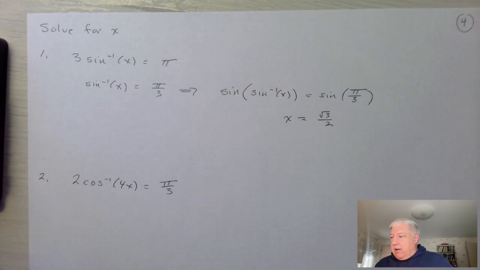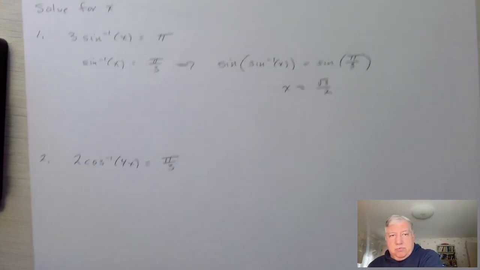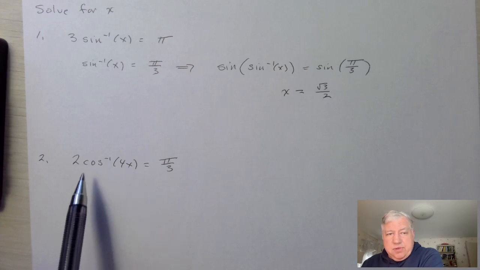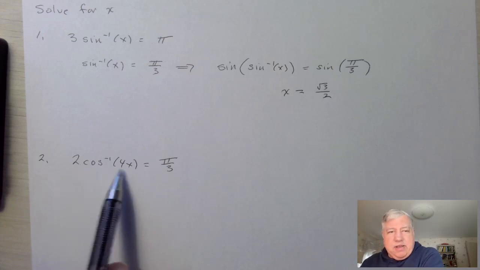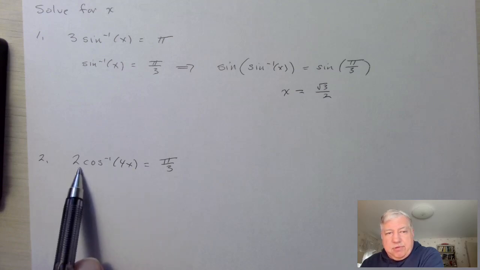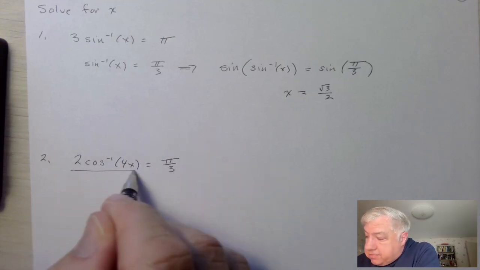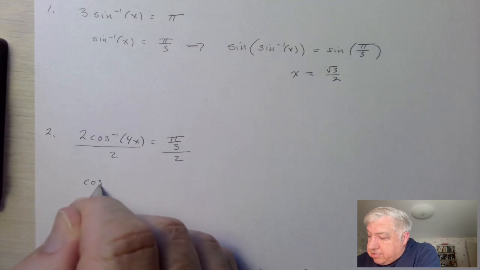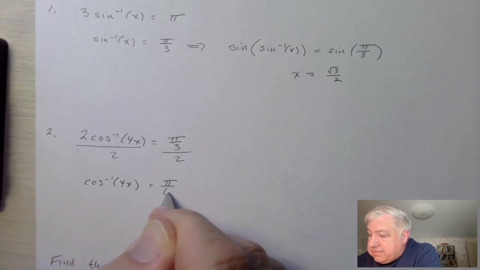All right. Let's do a slightly more interesting example where we have 2 times the inverse cosine of 4x. Because the 4 is inside here, we want to just leave that here. We want to get rid of this 2 first. So let's divide both sides by 2, and then that will give us inverse cosine of 4x equals pi over 6.